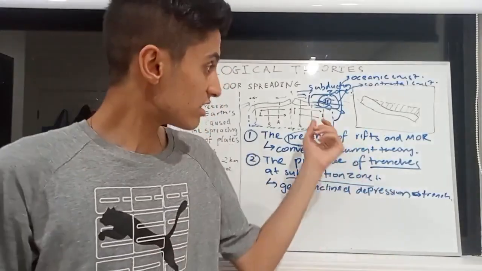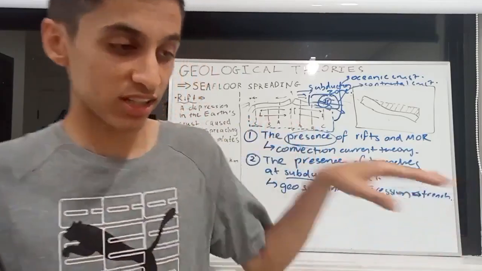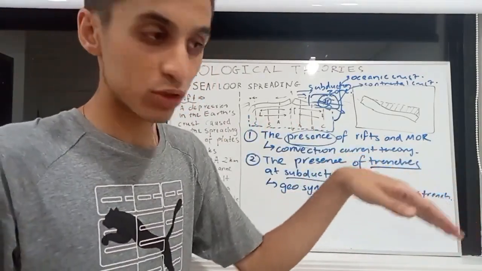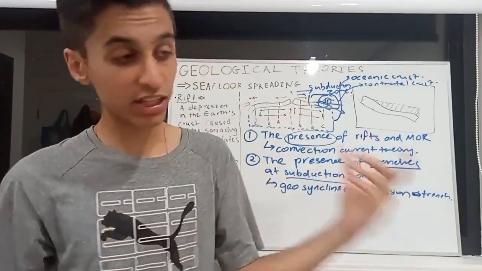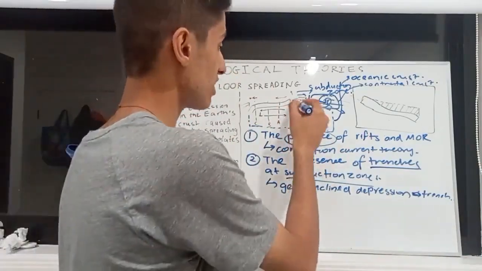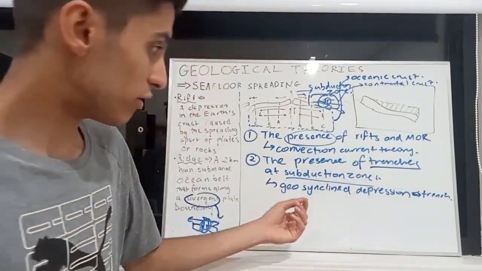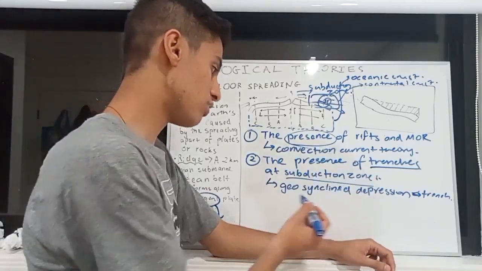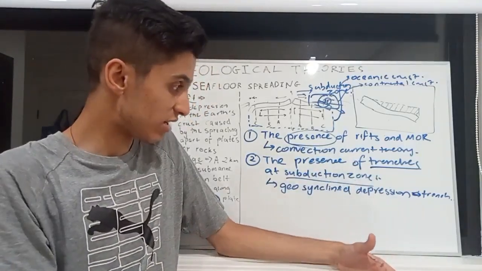Since it's getting subducted, we know that at another point oceanic crust is being created. So it gets created over here and it gets pushed down. Hence the existence of trenches at subduction zones also proves the seafloor spreading theory.